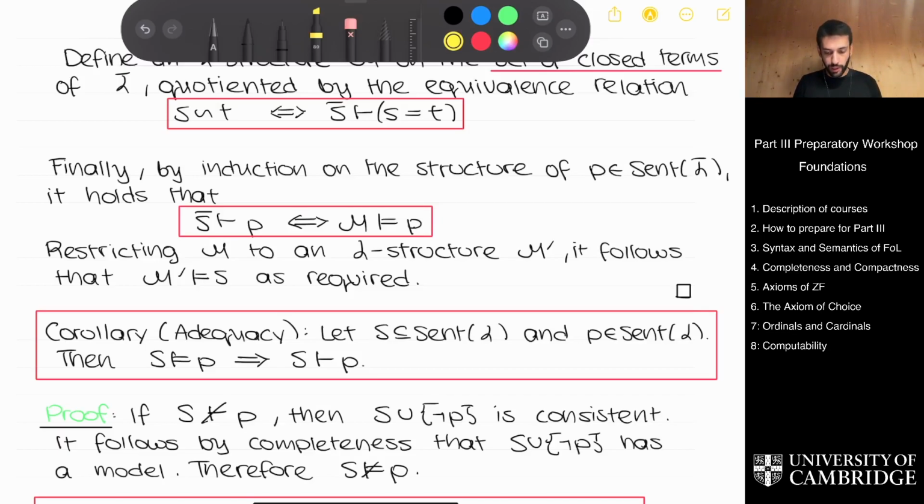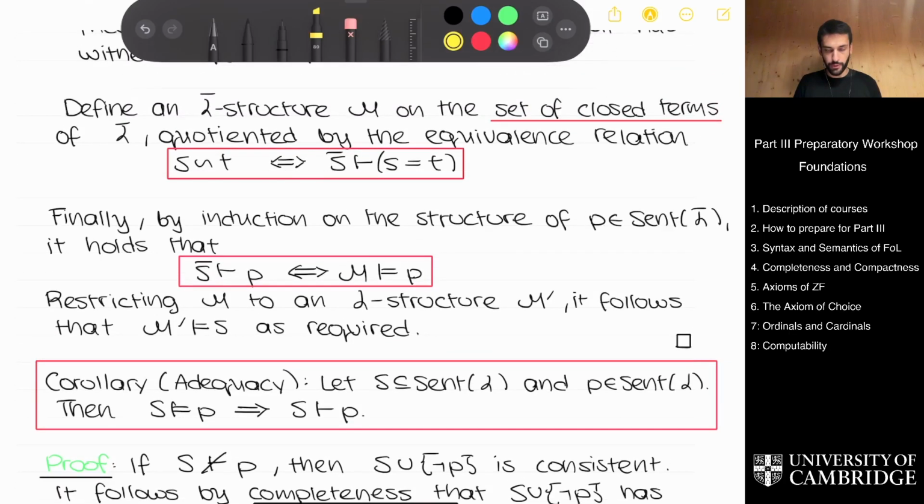Now this model M that we have built on the set of closed terms, quotiented by this relation, is in fact going to be an L' structure, but L' is simply an extension of L. So if we just restrict to the reduct of M in L, this structure M', it's not difficult at all to show that M' now is a model of S as required.